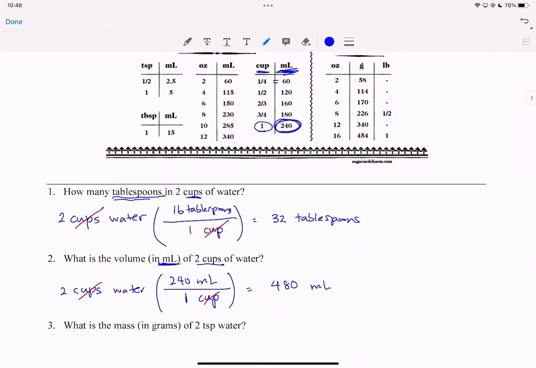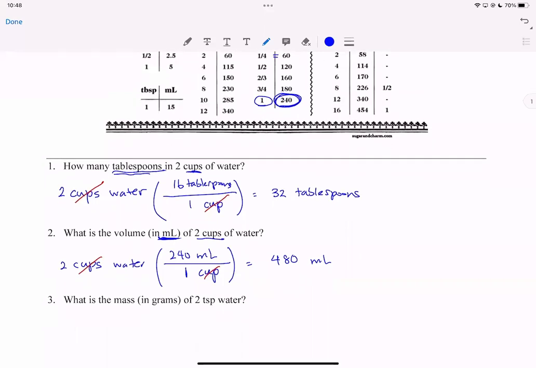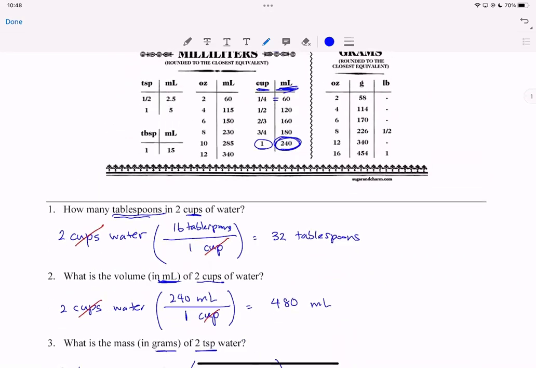Okay, so for number 3, this is looking at what is the mass in grams of 2 teaspoons of water. So this time I have 2 teaspoons, that's TSP, of water, and I want teaspoons on the bottom, and I want that to go to grams.